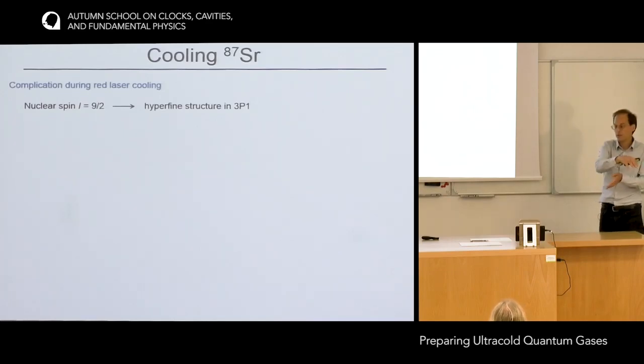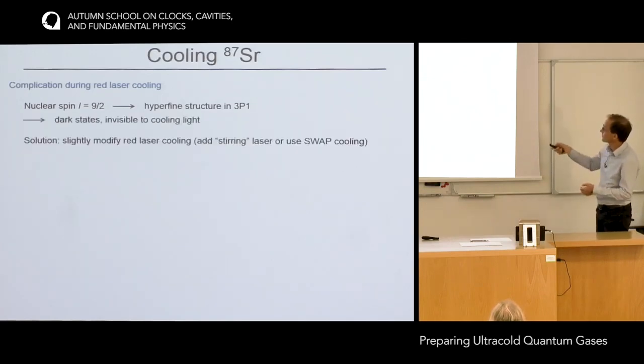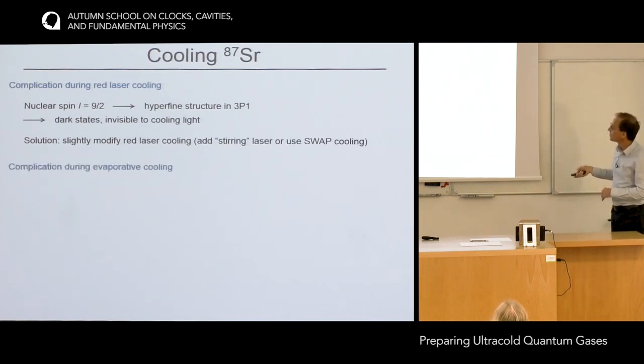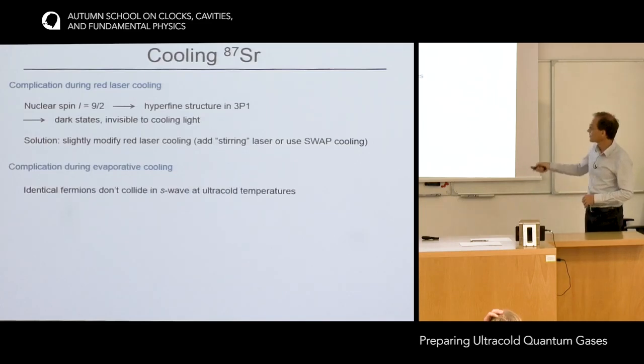For the blue line cooling, the broad line, it doesn't matter, but for the red cooling, that gives rise to some complication, dark states, and so on. We mentioned this already twice. We can slightly modify this red laser cooling by adding a steering beam to avoid the dark states, or use swap cooling. And then during evaporative cooling, we also have a complication.